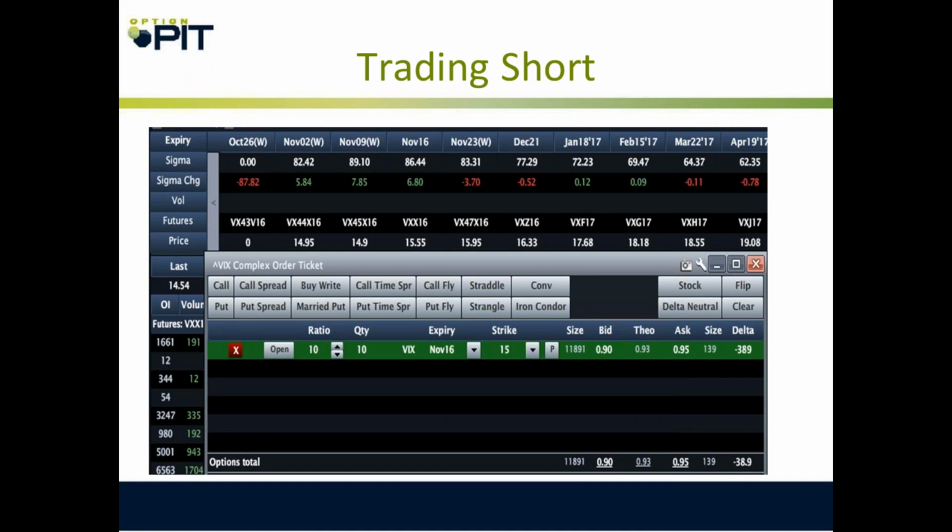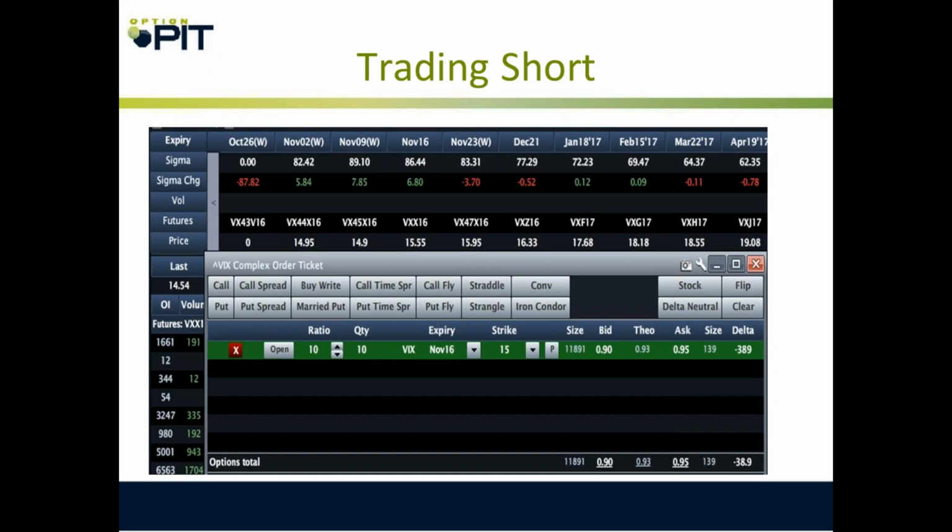And you can see the cash VIX is 14.54 and the November future is 15.55. And I'm buying the 15 put for 95 cents. Well, what's great about that is it's 45 cents in the money and I'm only paying 95 cents for it.